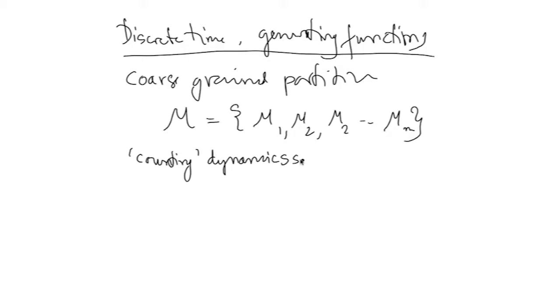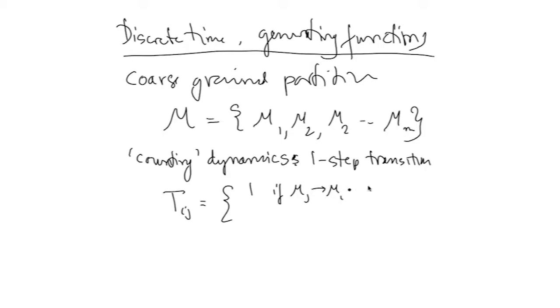That's given as a one-step transition matrix, which is defined as a matrix that has an element 1 if transition from Mj to Mi in one time step is admissible, and 0 if it's inadmissible.